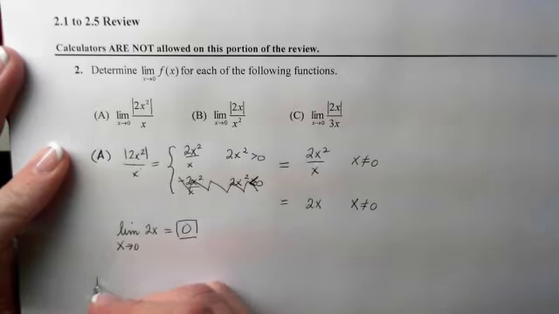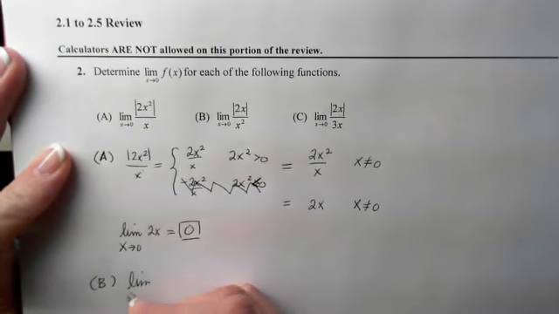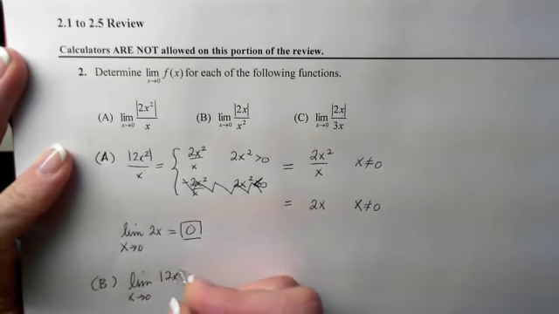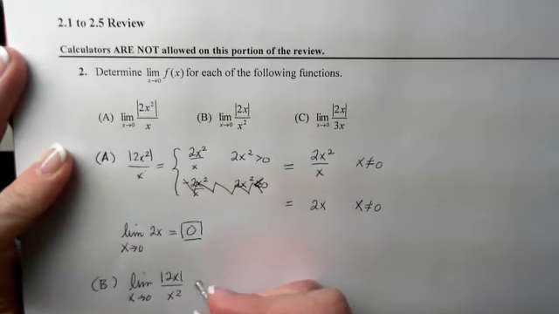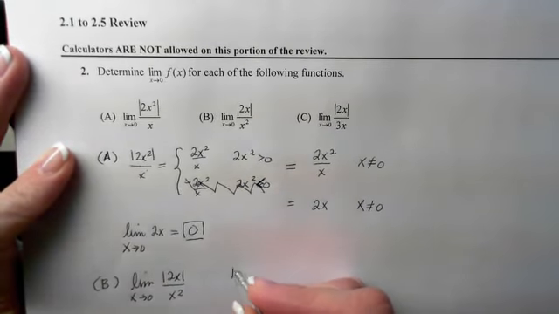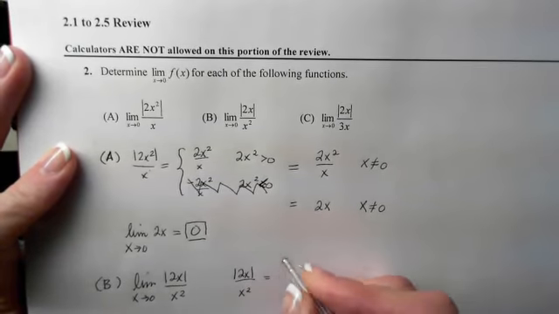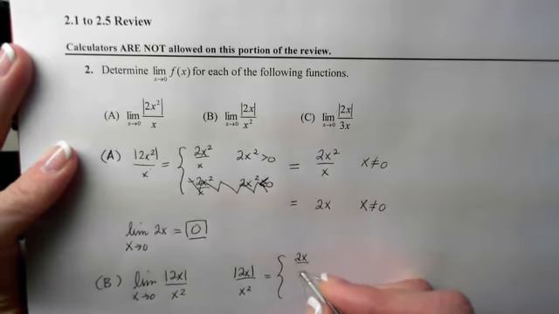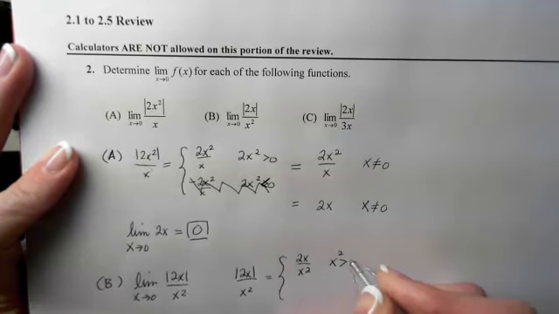B, we have the limit, again, as x approaches 0 of the absolute value of 2x over x squared. In this case, when I create a piecewise function out of the absolute value of 2x over x squared, I will have one branch where the inside is left alone when the inside is positive.